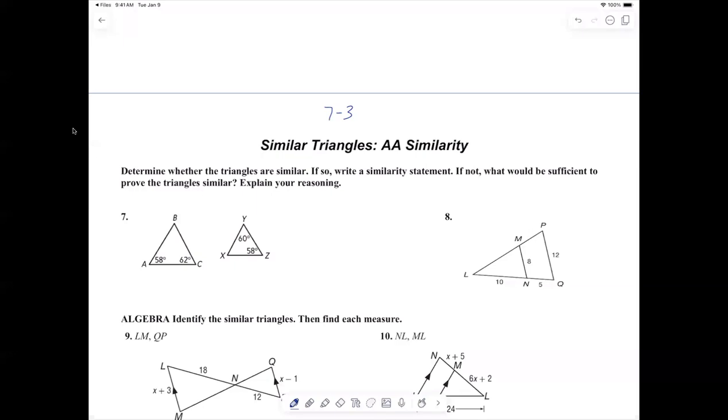All right, think about a square and a rectangle. Are squares and rectangles similar? Yes. Wait a minute now, I didn't say is a square a rectangle or a rectangle a square. I just said if I draw a square and then I draw a rectangle, are they similar?